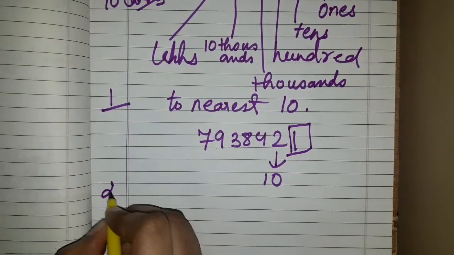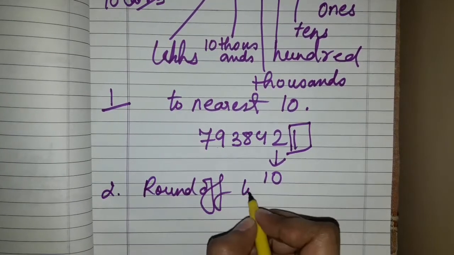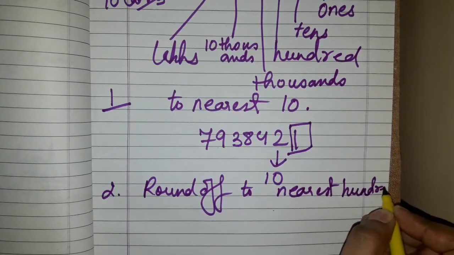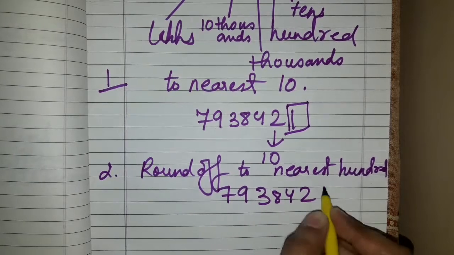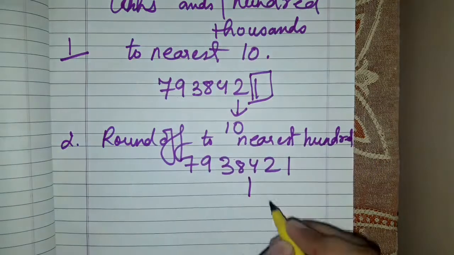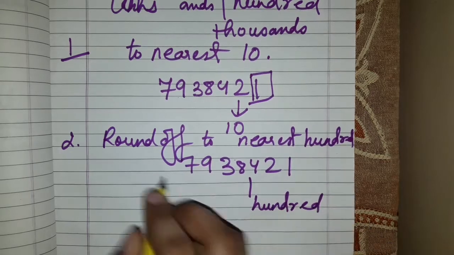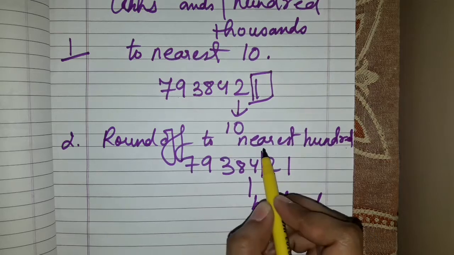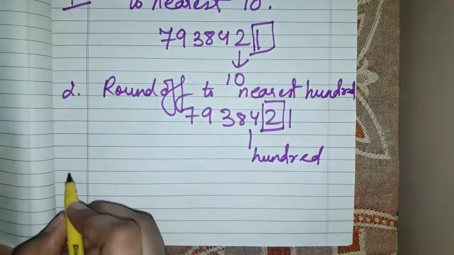Same way, suppose now they are asking us to round off to nearest 100. And the same number we will take. We know 4 belongs to which place value? 100. So in order to round off this number to nearest 100, we will see the digit which is on the right hand side. Now let's see the third case.